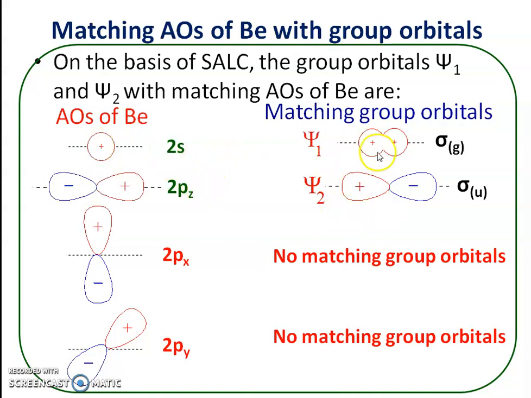The next step is the combination of atomic orbitals of beryllium with group orbitals. Beryllium contributes 2s and 2pz atomic orbitals towards the formation of bonding and anti-bonding molecular orbitals, whereas the 2px and 2py atomic orbitals of beryllium remain non-bonding.